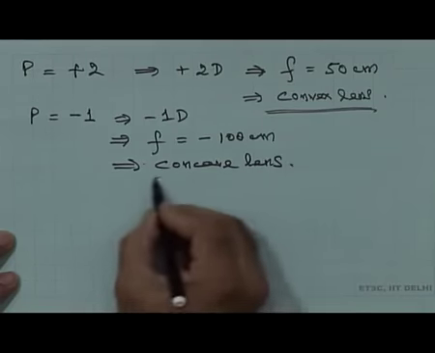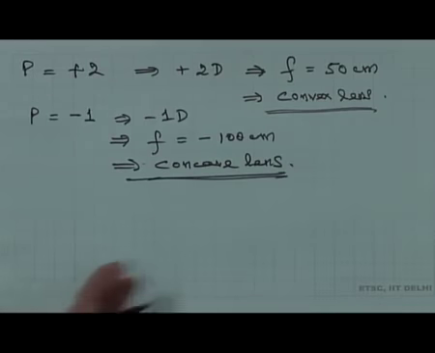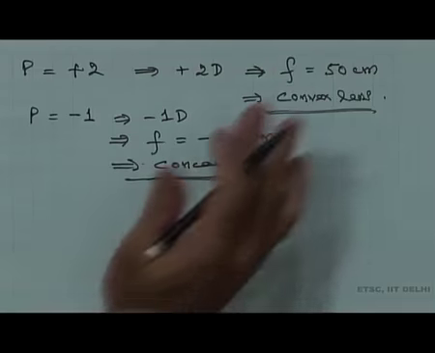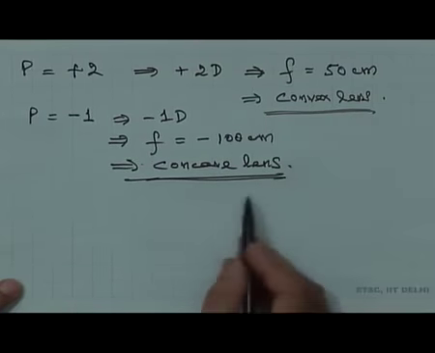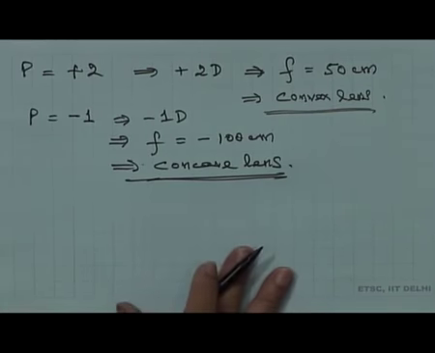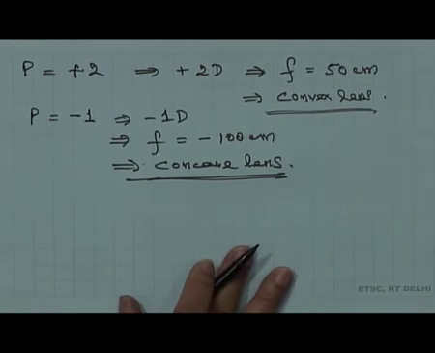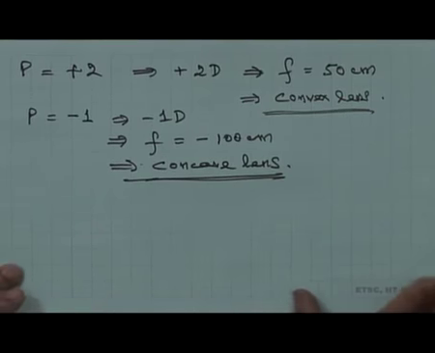Why some people use convex lens and why some people use concave lens depends on the defect in the vision that they have. This we will discuss at a later time.